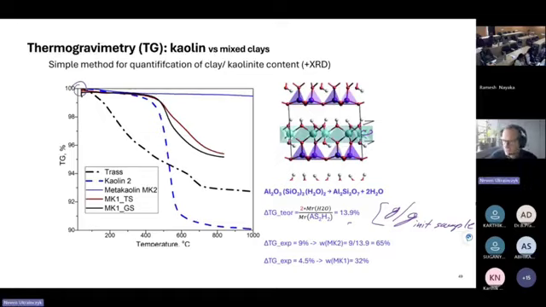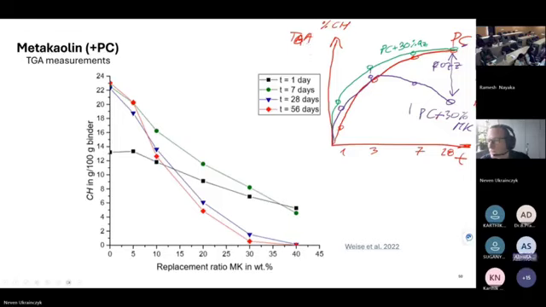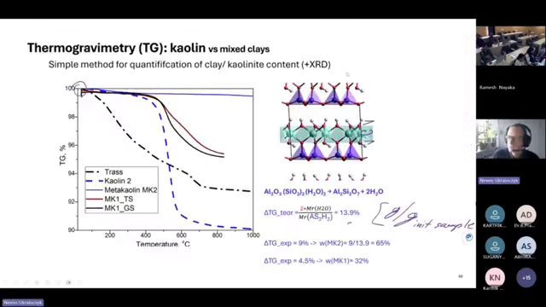But a better way would actually be, because the initial sample is very vaguely defined. It depends on the moisture content, especially for cements. That's also described in that nice chapter in the book, Material Characterization for Cementitious Materials.